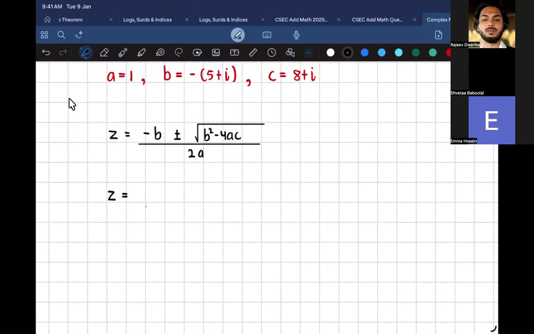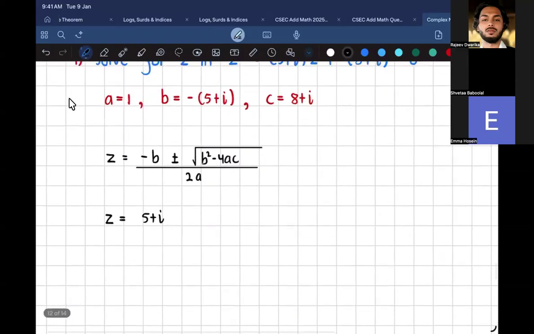So that's going to be negative negative 5 plus i, which is just 5 plus i. Are you confused? No. I do detailed working, but some of the stuff I skip to save time.